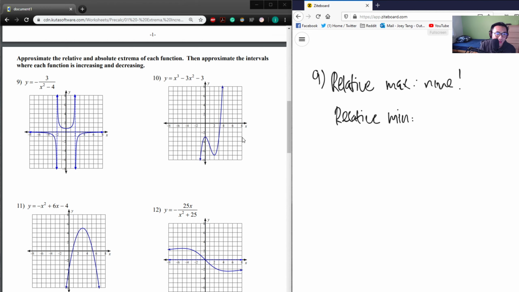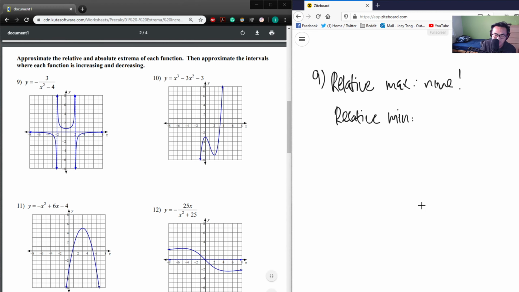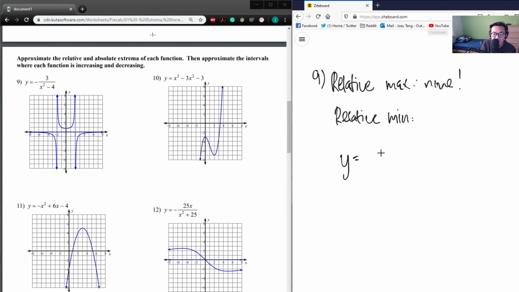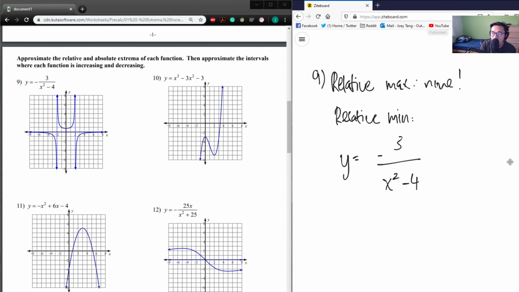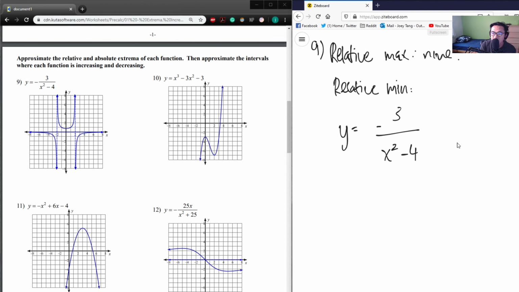So if I subbed in x equals 0 into this algebraic expression, and I can solve for this because I'm given my algebraic expression. So this is negative 3 over x squared minus 4. In this case, I'm going to sub in x equals 0 to find out my y value, right? So let's do that. And I'm going to make some more real estate here and shift this up. So we're going to plug in x equals 0.